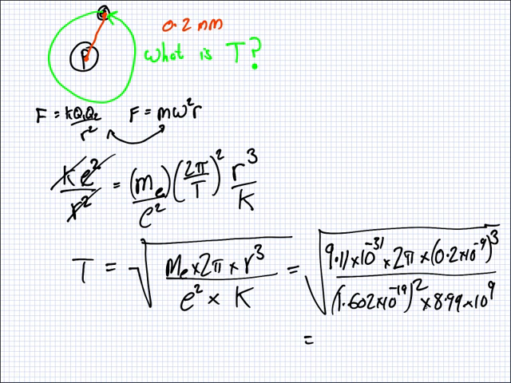No. That's way off. 8.99 is minus 9. I think it's looking like this. 3.15 times 10 to the minus 11 seconds. I don't think that's right.